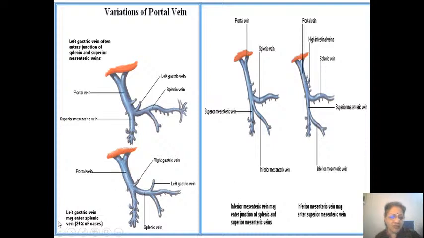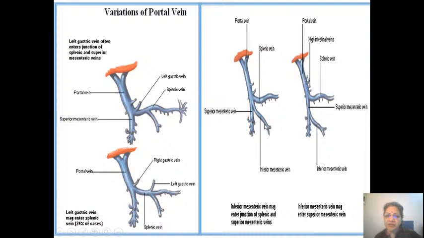Now this one, left gastric entering splenic, is in 24%, one quarter of people. So in a class of 150, that's 30 to 40 people. That itself is a significant number, but usually it does not show up in pathology or clinical medicine because it does its job efficiently. There is no mistake here. They are not called anomalies, they are called variations of the portal vein because they are within normal limits and do the function efficiently, even if there is a change in where exactly they join.